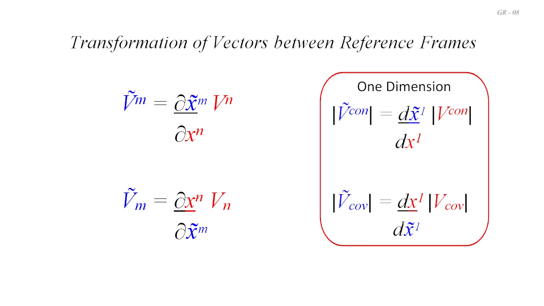The similarity is that the conversion factor is the differential, and for the contravariant components, the differential has the x for the frame that you're going into on the top, tilde here. You could say that the multiplication factor, the differential, is new over old for contravariant. On the other hand, for the covariant components, the differential has the x for the frame that you're going into on the bottom, old over new.